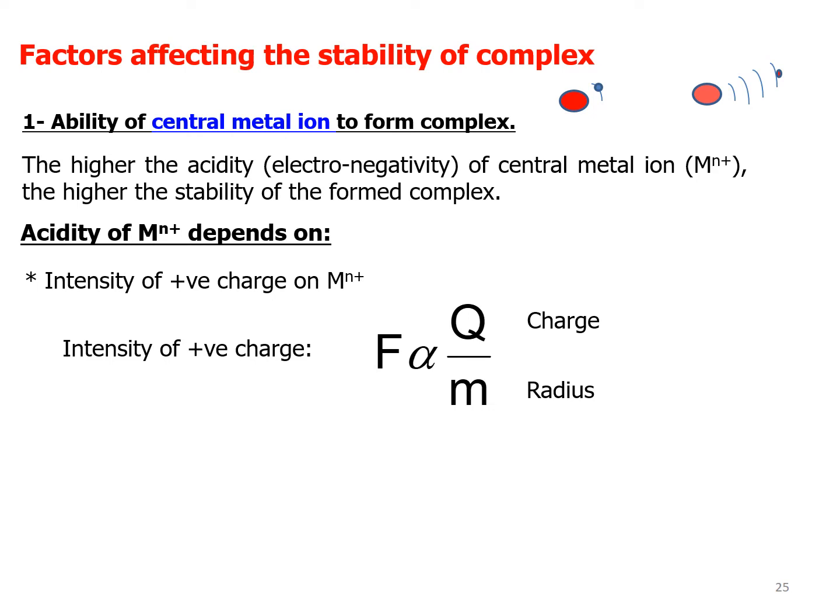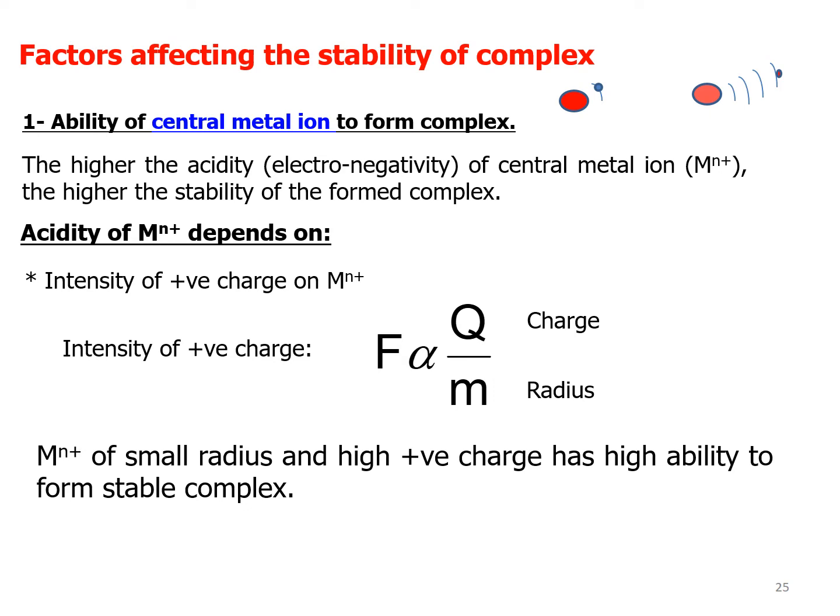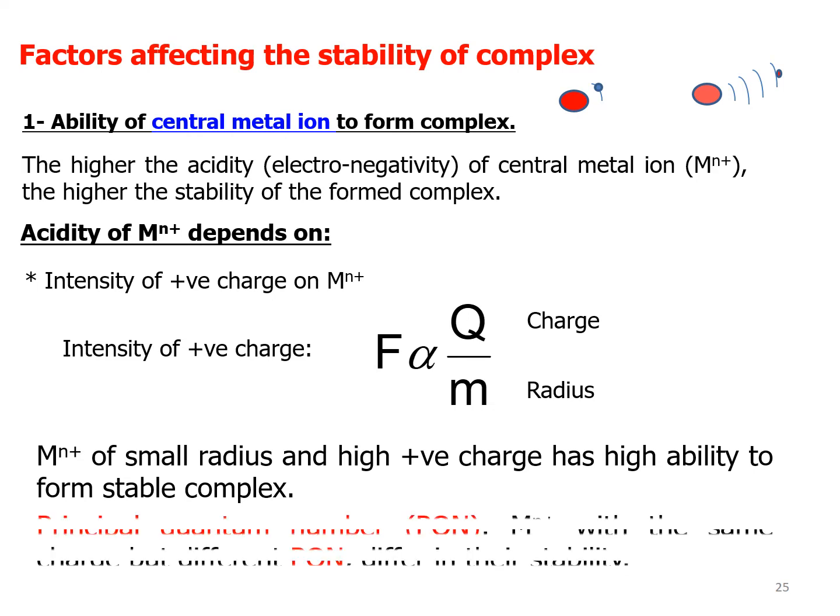If the central metal ion is small in size, it will also eventually form a stable complex. So the central metal ion of small radius and high positive charge has high ability to form stable complex.